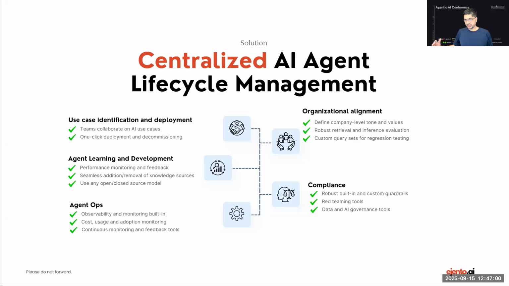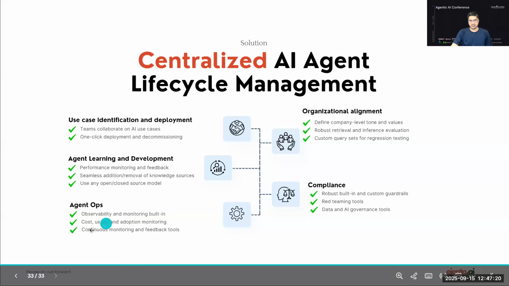These subject matter experts make sure that they identify the use case and deployment scenarios. They continuously look at and monitor the feedback given for the agents. Hey, this is a good response, this is a bad response, and those form the feedback loop. Agent ops, observability, cost, and continuous monitoring.